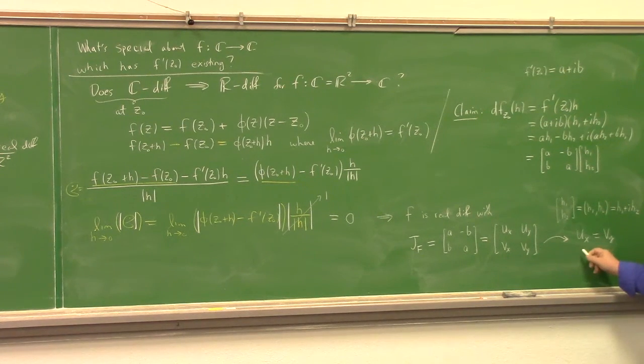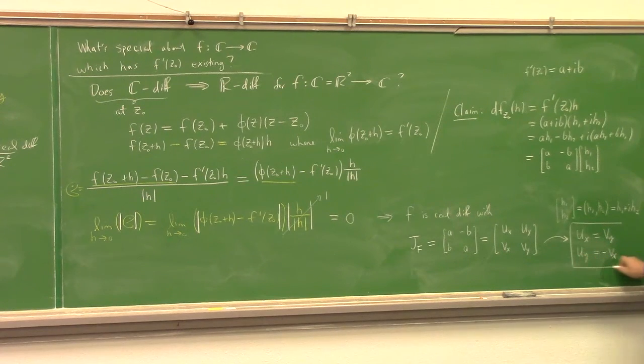Yeah, well, I'll write it this way. uy is equal to minus vx. So that's setting b equal to b. It should be minus vy. Oh, yeah. You're right. You can put the minus on either side.